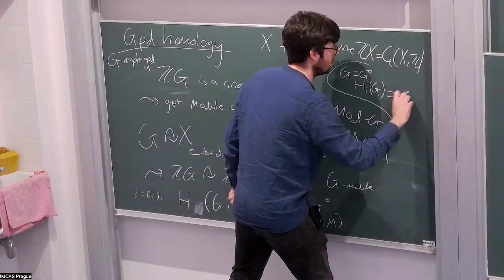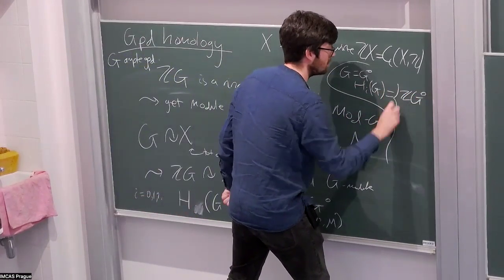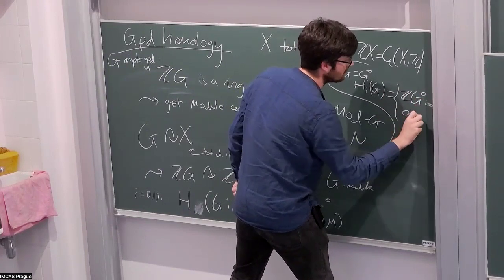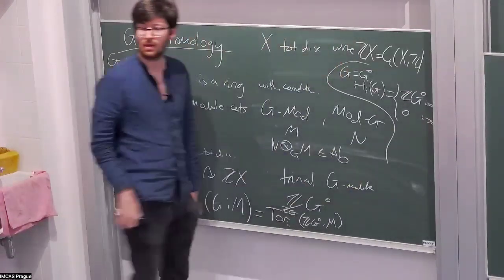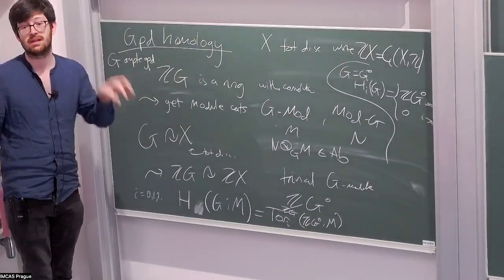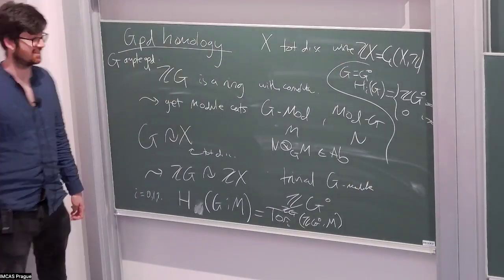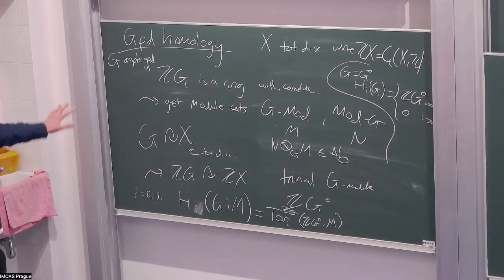This is going to be Z G naught for i equals 0, and it's going to be 0 for i greater than 0. So it's the same thing as the K theory of the space. Yes, exactly. So this is groupoid homology.